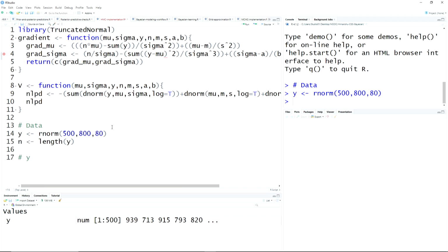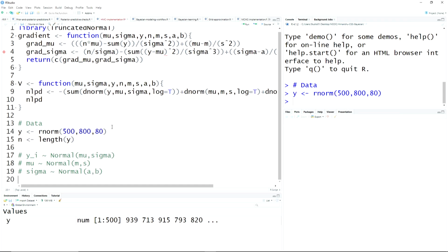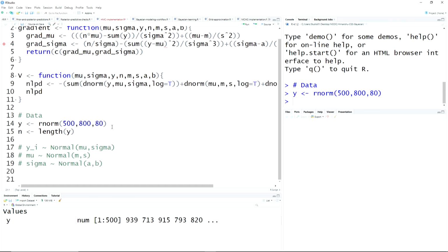Each data point yi comes from normal mu sigma, where mu comes from normal m s, and sigma comes from normal a b. So now you need to define what m, s, a, b are to define the priors, right?